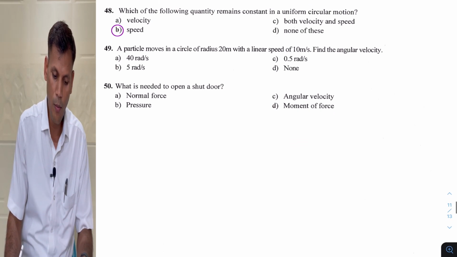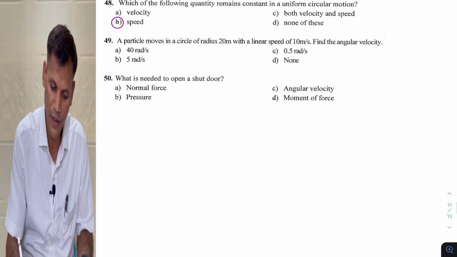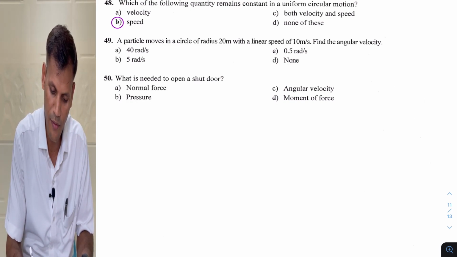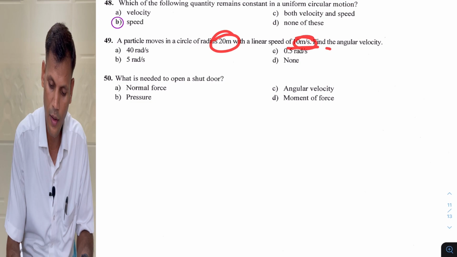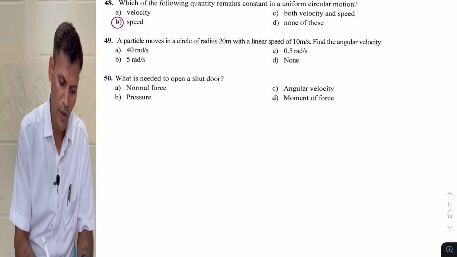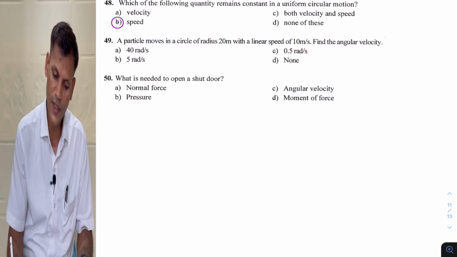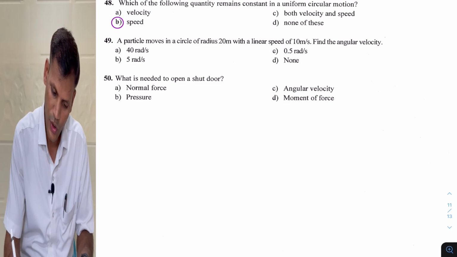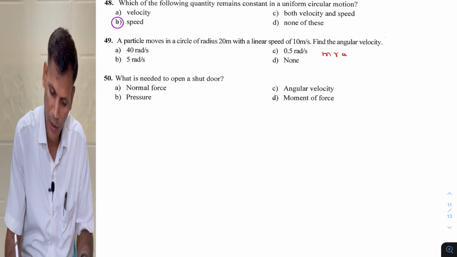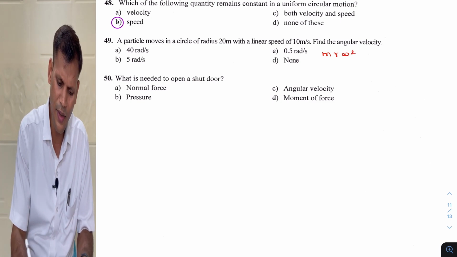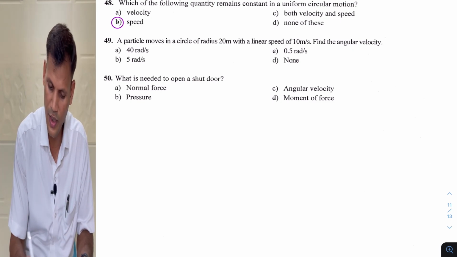A particle moves in a circle of radius 20 centimeter with linear velocity v. Find the angular velocity. Angular velocity is omega.